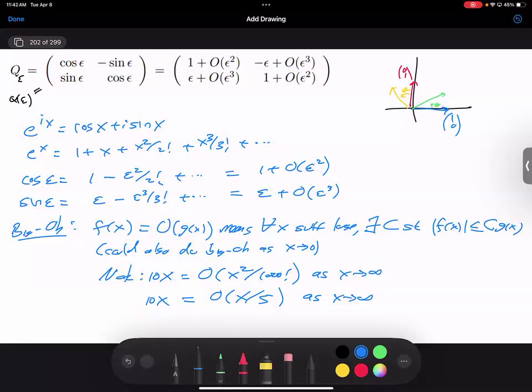That's not the case. Okay, so what we're saying is that if the angle is really, really small, the cosine of epsilon is basically 1, and the error you make is on the order of epsilon squared. Sine of epsilon is really epsilon plus an error of order epsilon cubed. For those of you who've done physics, you might have seen some approximations like this when you're looking at the pendulum, where you approximate sine of theta with theta.